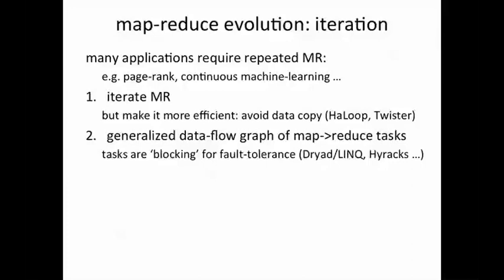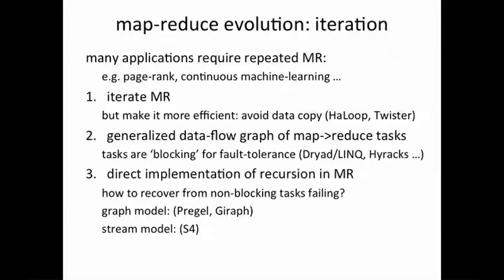And that's critical for fault tolerance, as we've seen in MapReduce. If a mapper fails, one can simply restart the mapper with whatever data it was given, simply because it hasn't written anything. So blocking tasks are essential for fault tolerance. An example of such data flow systems is the Dryad Linq system from Microsoft, the Hyracks research project, and a few others.